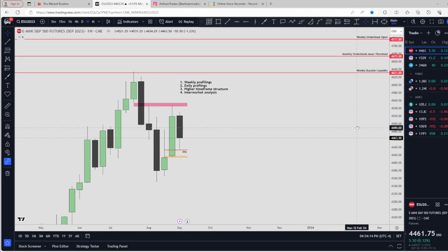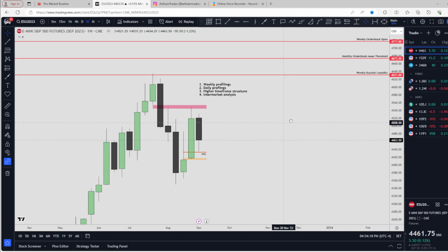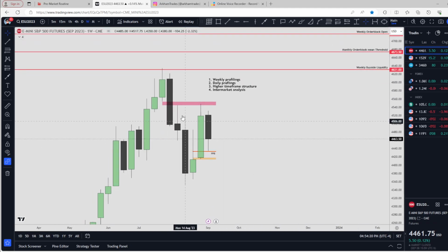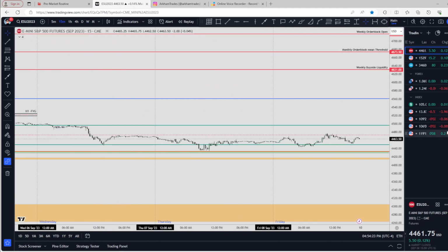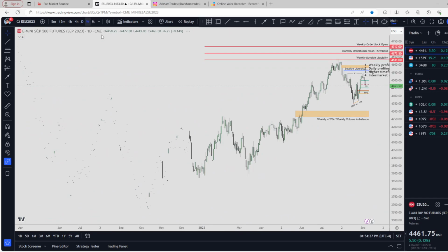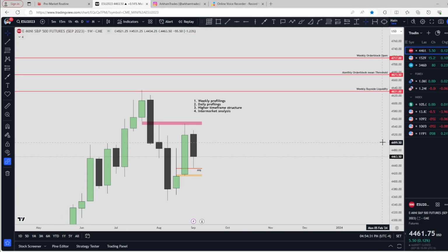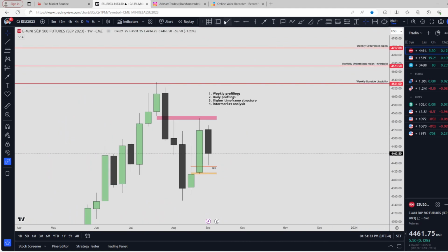When you create a bias, it starts from the weekly time frame. It doesn't start from the M15 or the H1 or daily. It starts from the weekly because of something called the weekly profilings, which you have to understand how a candlestick is formed.